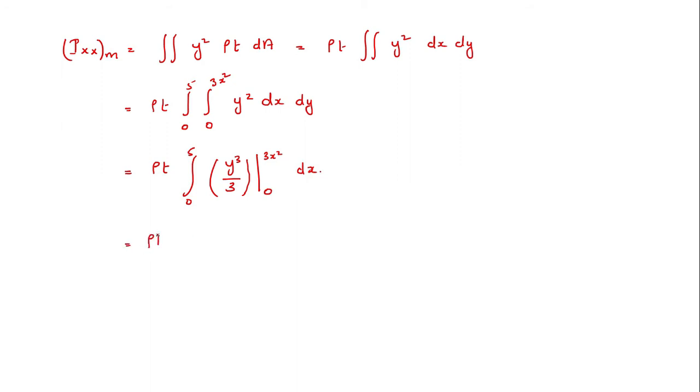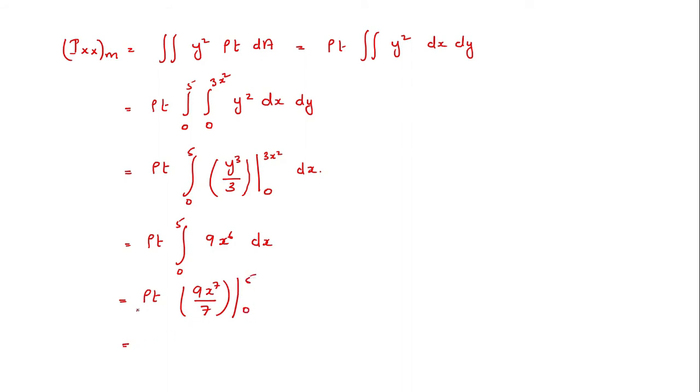So rho into t, 0 to 5. If you substitute y equals 3x square here, you would get 9x raised to 6 into dx. So this is equal to rho t into 9x raised to 7 divided by 7 varying from 0 to 5.